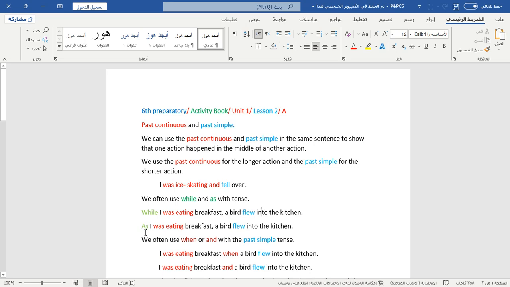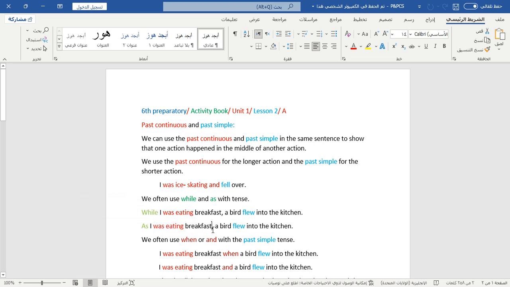Let's continue our examples. The same notes as with while, the same meaning, the same rules. Okay? Also, you have the same example: As I was eating breakfast, a bird flew into the kitchen. As we said before, as is followed by a sentence with past continuous: I was eating, infinitive plus ing, breakfast.